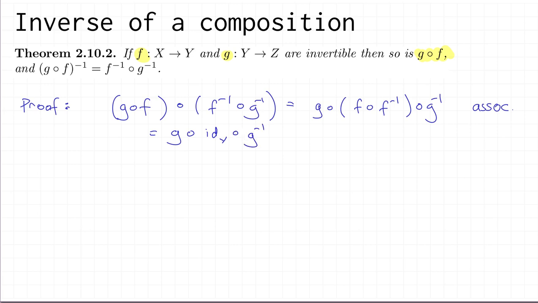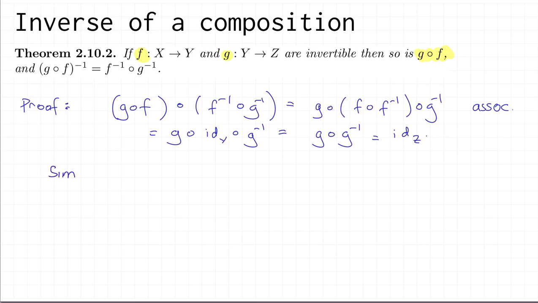Of course, g composed with the identity is just g again. So this is g composed with g inverse. And of course, this is the identity. Where is it the identity? It is the identity on z. Okay. So we've shown that one of these compositions is the identity.